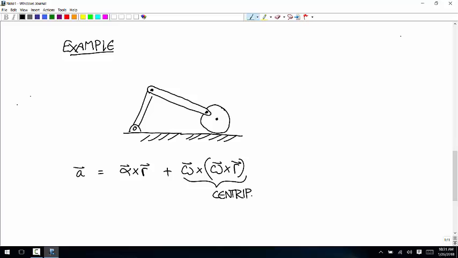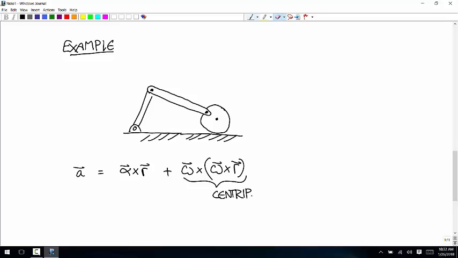Notice that normally when you use cross products, you usually don't get the magnitude of all the things multiplied together, but in this case these are all mutually perpendicular.